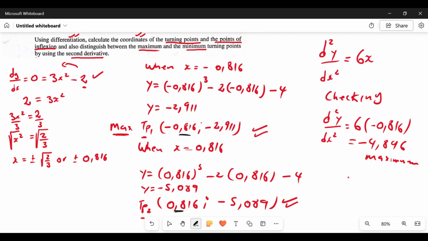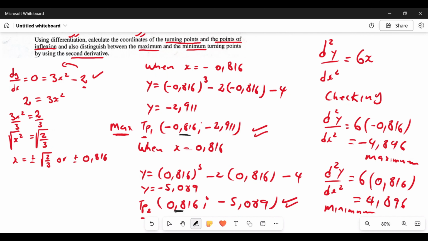Now let's check the other one. When now x is positive, let's check d squared y over dx squared. This time around, we substitute with x when it's positive. So it's going to be 0,816. So the answer is going to be similar, which is, so this here means it's minimum because it is positive or it is greater than 0.